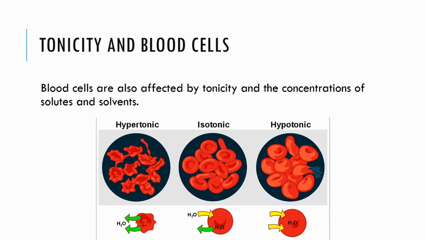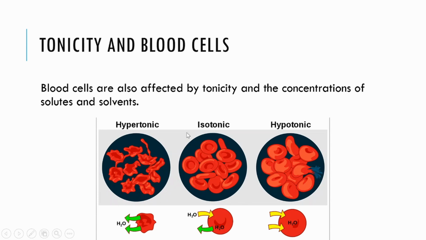So let's look at tonicity and some of our cells, namely blood cells. So hypertonic, isotonic, and hypotonic. With isotonic solutions, and again, when we're using these terms, we're describing the environment, not the cell. We're talking about the liquid the cells are hanging out in instead.